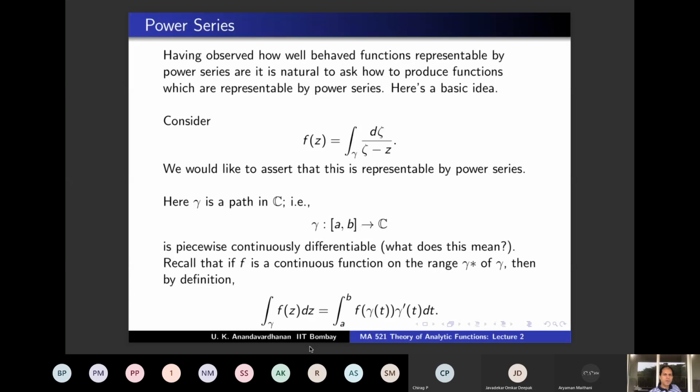Here when we mean gamma prime(t), we have the differentiation with respect to the real variable t, which is from the interval [a,b]. So gamma prime, if gamma is u plus iv, then gamma prime is u prime plus iv prime. So that's a complex number, for a given t. f of gamma(t) is also a complex number.